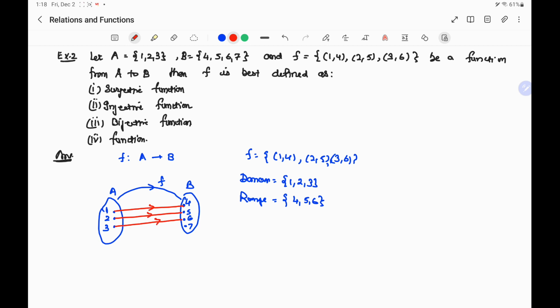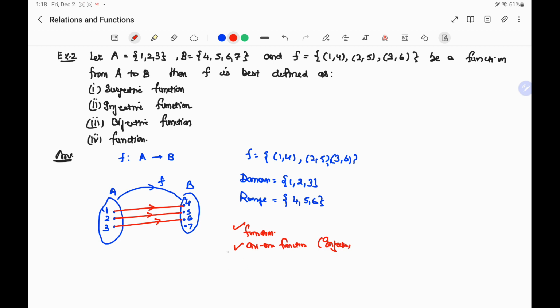So from the diagram we see that every element of A has some image, so it is a function. Every element of A has a unique image in B, so it is 1-1, that is injective.